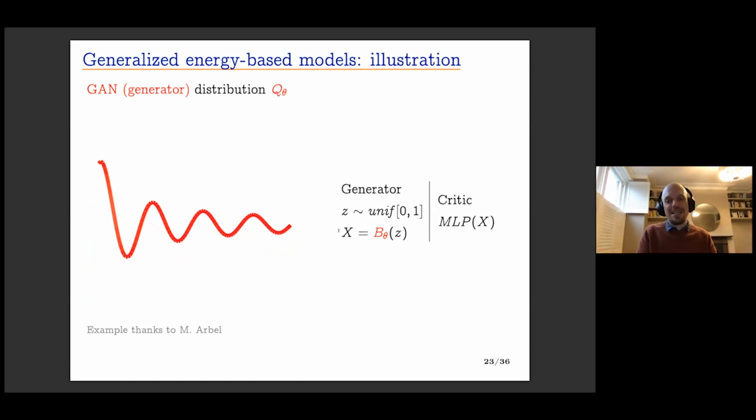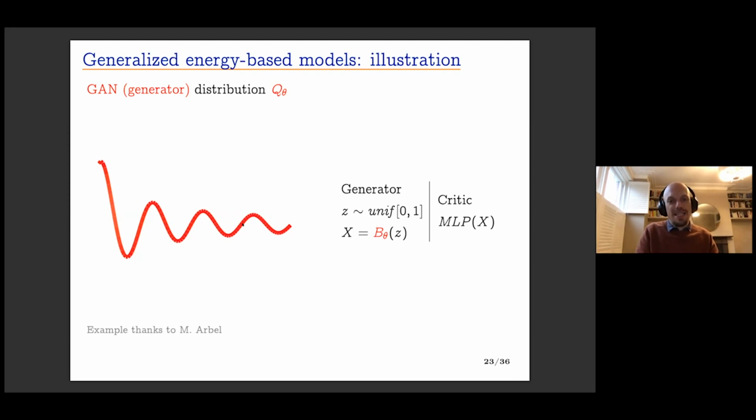So by construction, I'm only allowing it to distort the coordinates that I place this mass on, but I'm not allowing it to place more mass at different parts of the support. So what this is doing is it's getting the support right, but it's not getting the mass right.